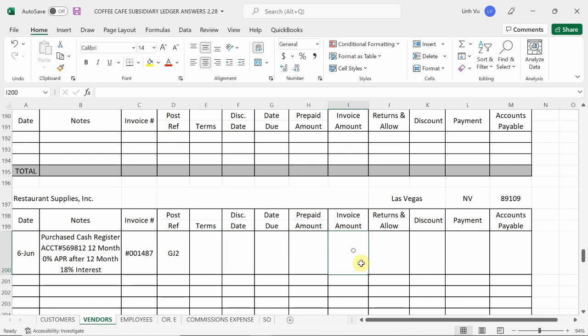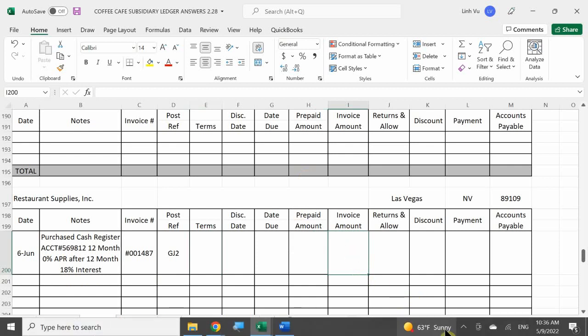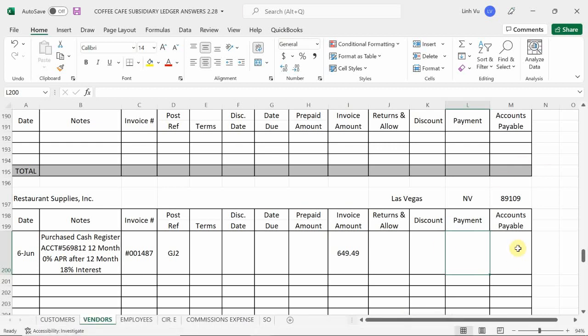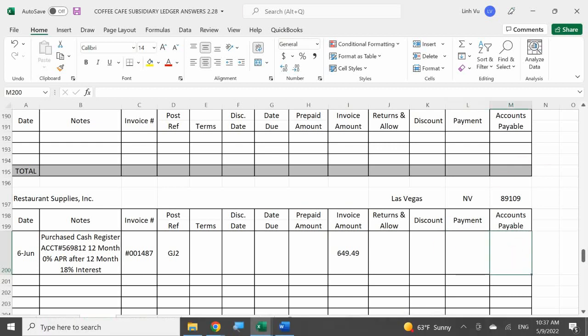What was my invoice amount? So what was my sales receipt total? It was a grand total of $649.49. And did I make a payment to it? No, I didn't. I owe restaurant supplies. So let's go ahead and plug in my formula once again.